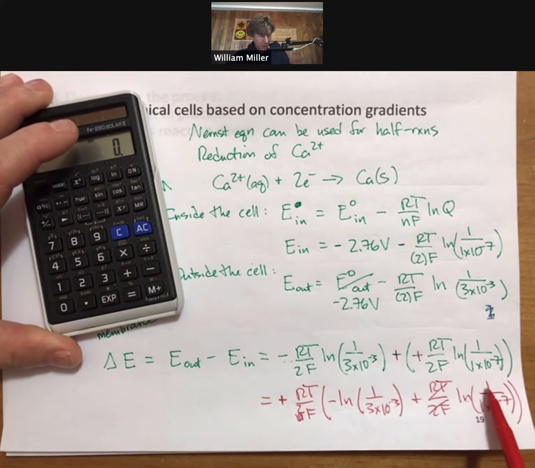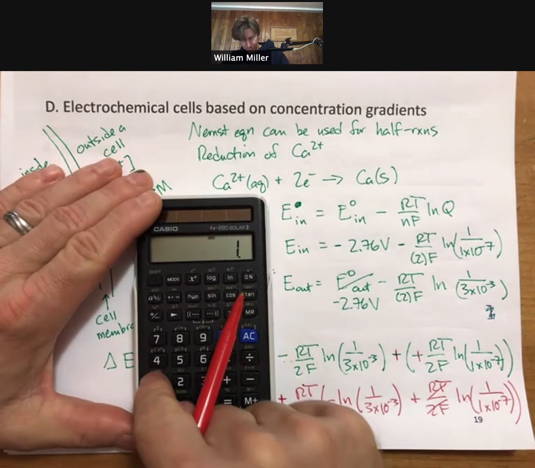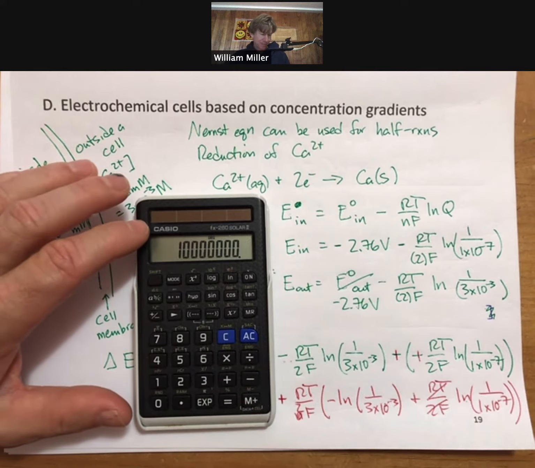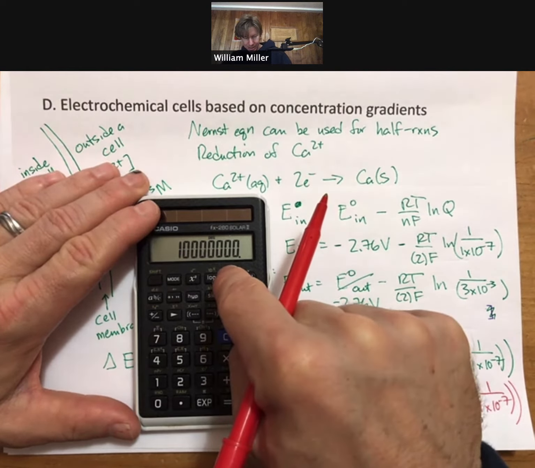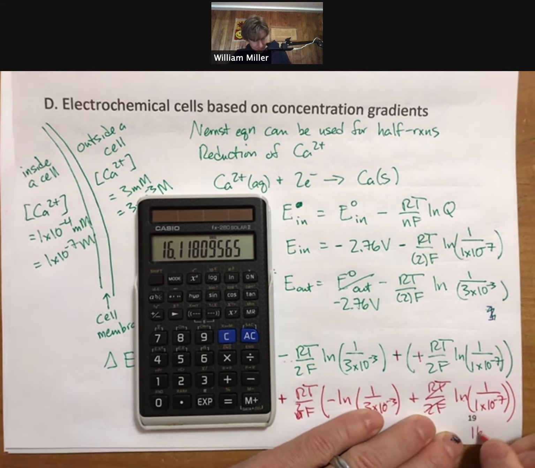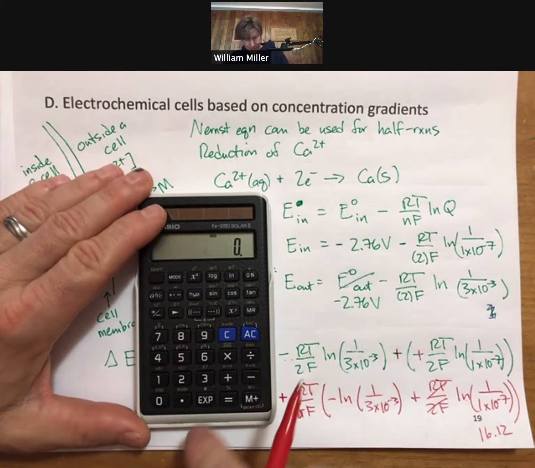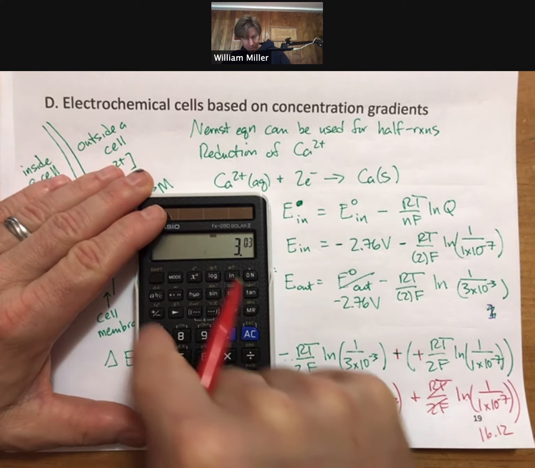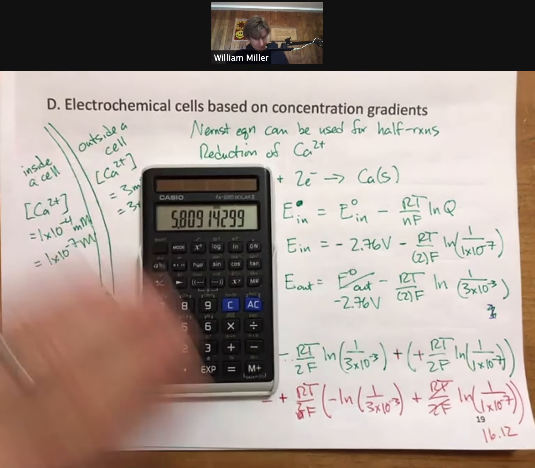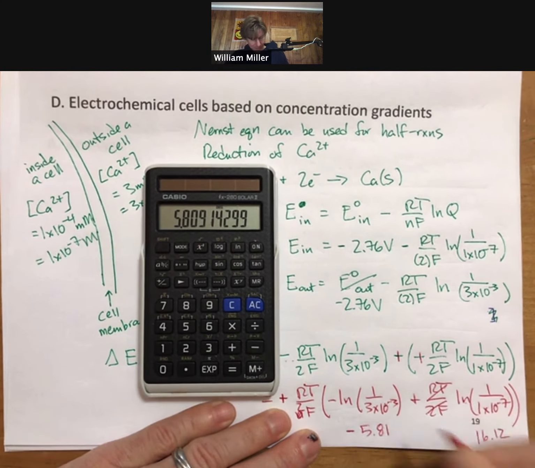So natural logarithm of 1 over 1 times 10 to the minus 7. So 1 exponent 7 minus 1 over natural logarithm is 16.1112. Here, 3 exponent 3 minus 1 over natural logarithm minus 5.81.